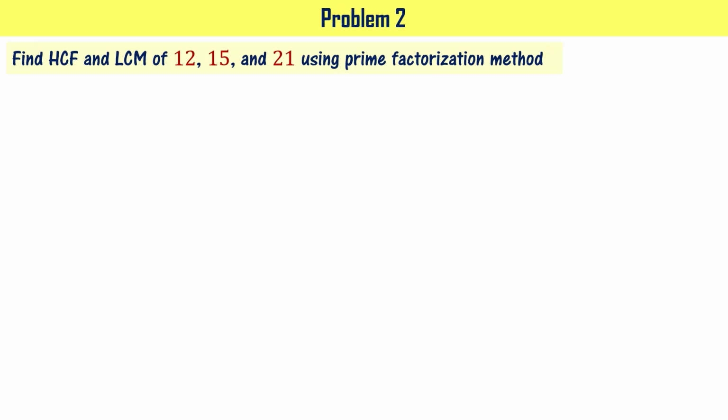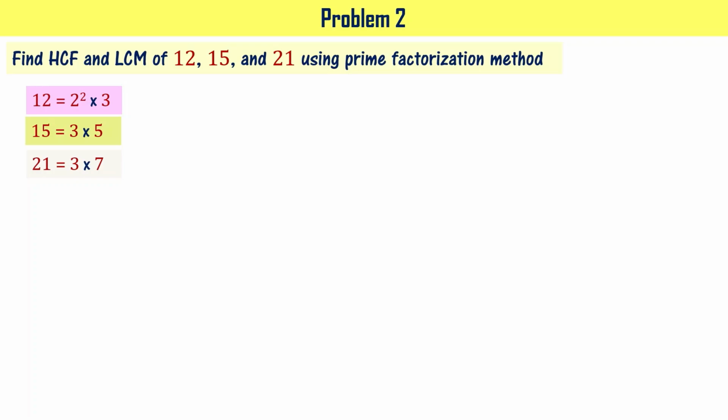Find the HCF and LCM of numbers 12, 15 and 21 using the prime factorization method. 12 can be written as 2 square times 3 and 15 can be written as 3 times 5 and 21 can be written as 3 times 7, right?